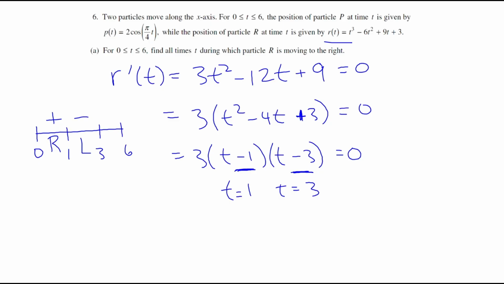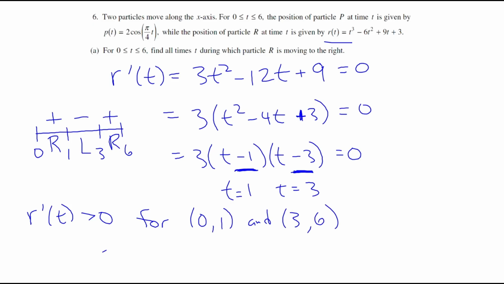But for things between 3 and 6, like 4 or 5, everything in this r prime is positive, and so we're moving back to the right. And so we'll say r prime of t is greater than 0 for 0 to 1 and 3 to 6.